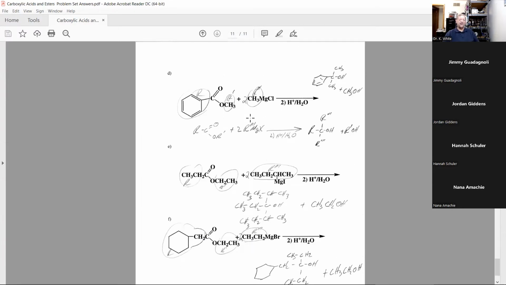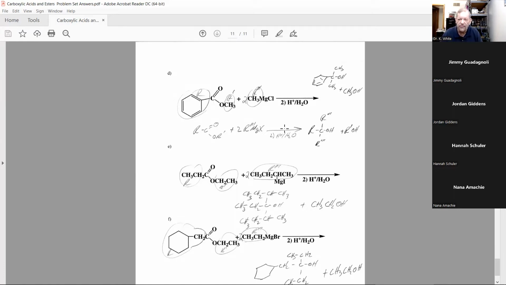All right, now I forgot to put the 2, but I corrected it on the answer sheet, and I'll try and remember on the test. If you take, in D, an ester and react it with not 1, but 2 molecules of a Grignard, second step, acid and water, you get 2 products, 2 alcohols.